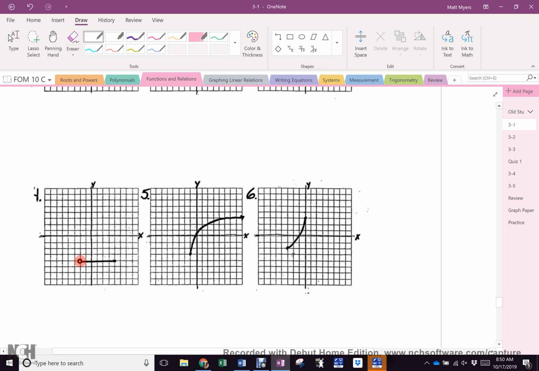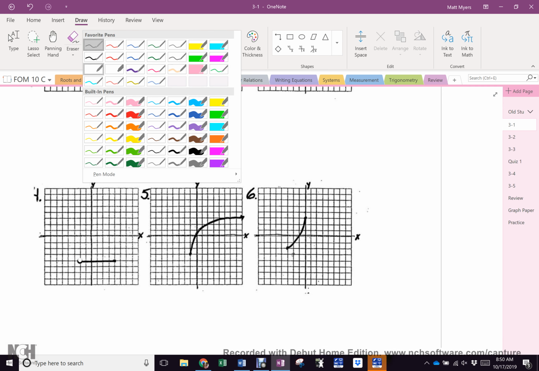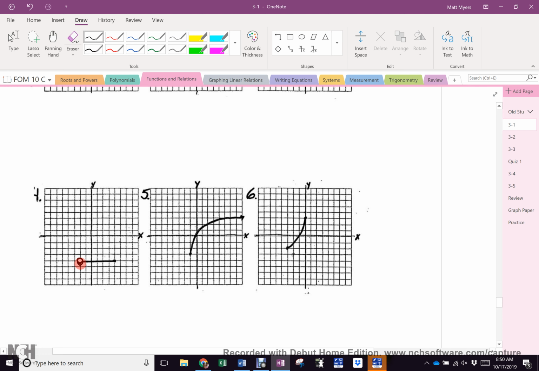This dot right here is an open dot. All right? That one's closed. This one, number 5, goes flat. I'm just going to write an F for flat. Everybody good on 84?